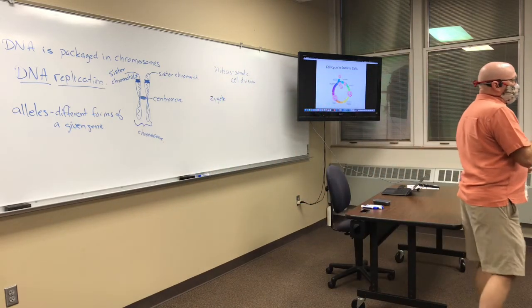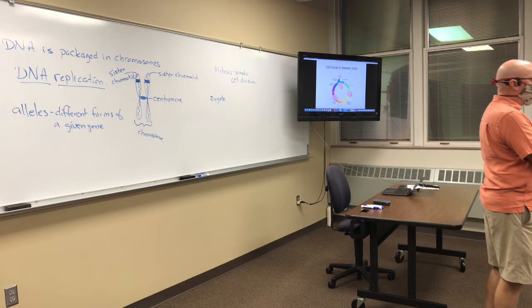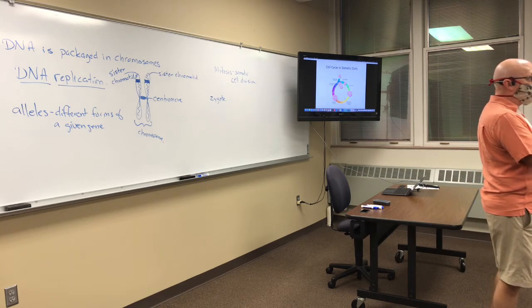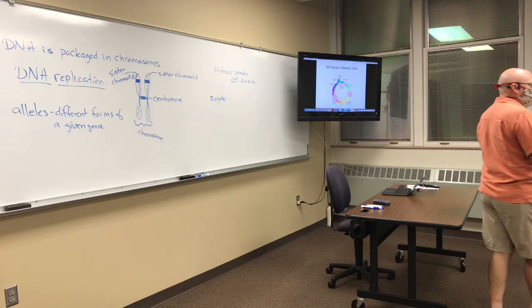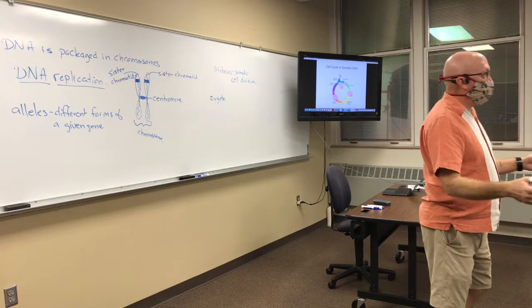That zygote went through the process of mitosis to form two cells from the one cell. And then those two cells divided into four, four into 16, 16 into 32, 32 to 64, 64 to 128, 128 to 256, 256 to 512, up to the trillions of cells that you are now.